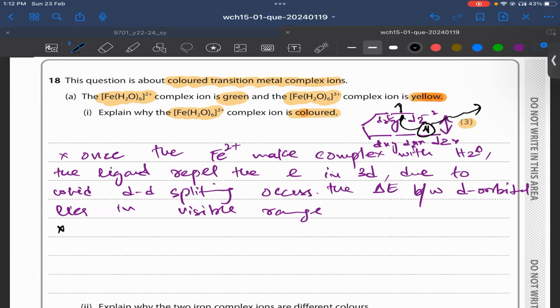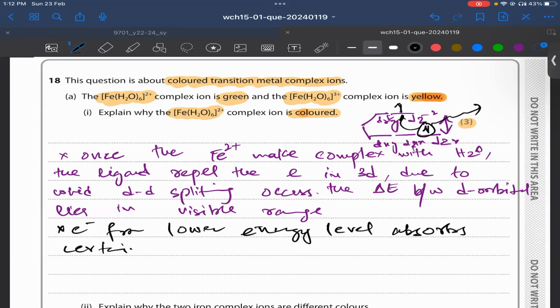So an electron from the lower energy level absorbs a certain frequency, and the rest of the light is transmitted.